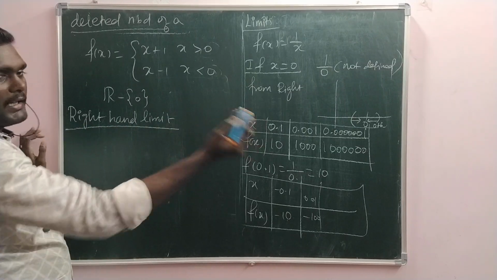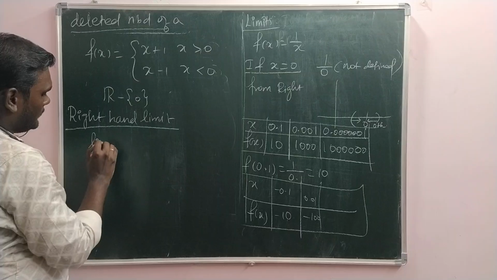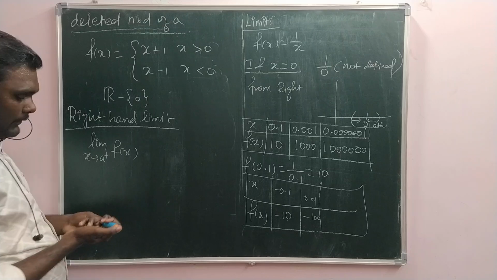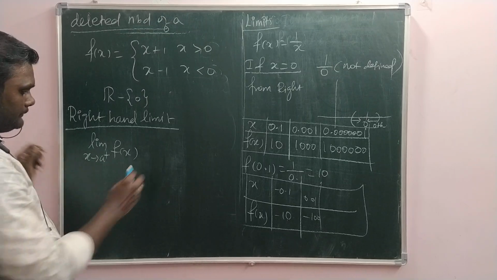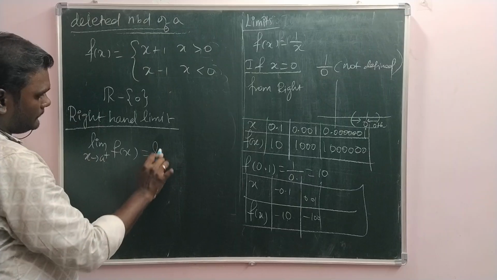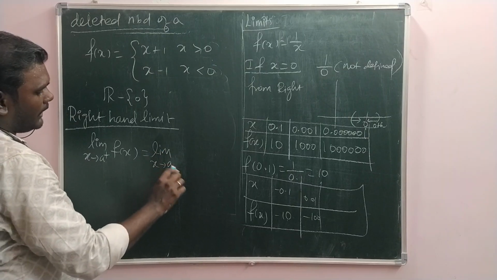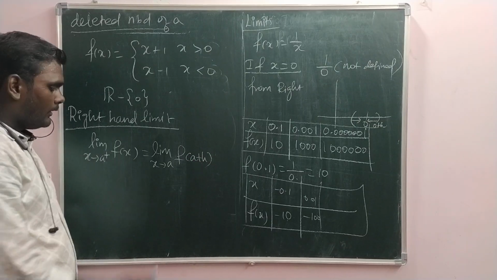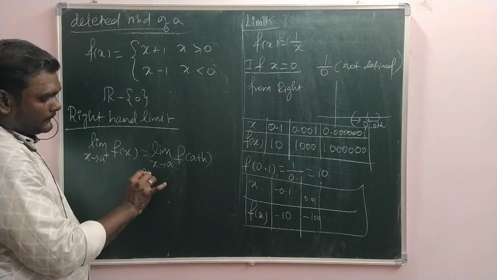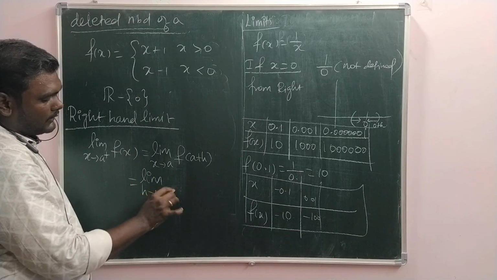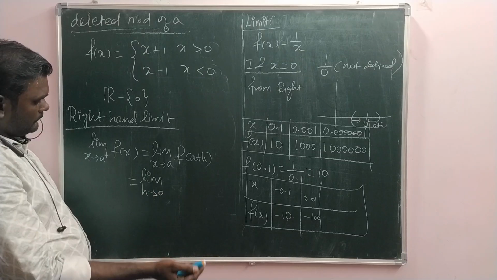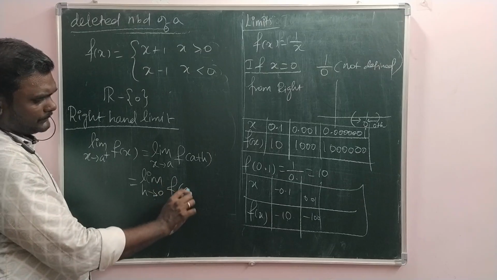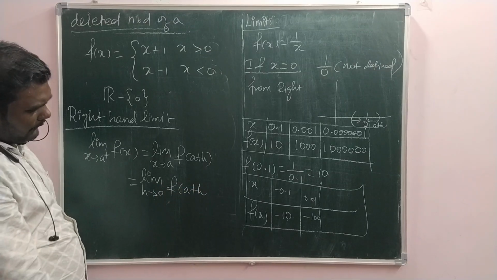Right hand limit means we are approaching from the right side. We denote it by limit x tends to a plus f of x. This is limit x tends to a f of a plus h, or we can say limit h tends to 0 f of a plus h.